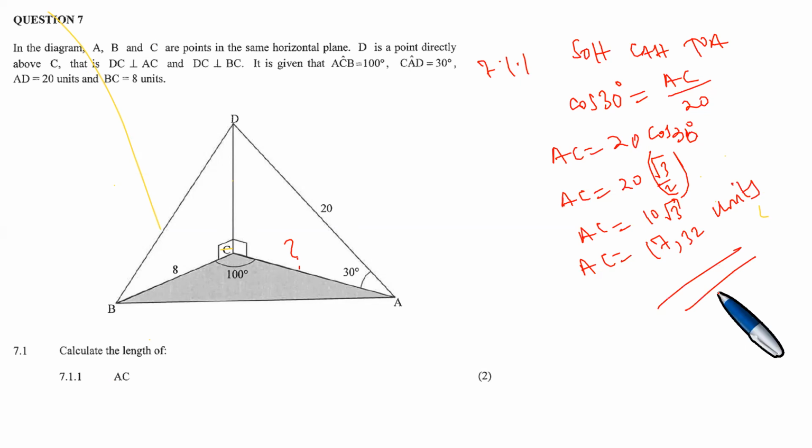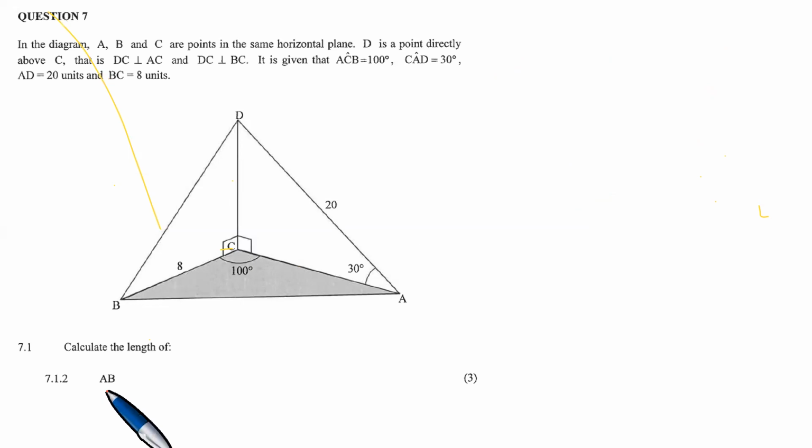That is the length of AC. The next thing is we need to find the length of AB. How do you find the length of AB from A to B? Right, we can use any of the rules here. Right, so at this point, we want to find AB.